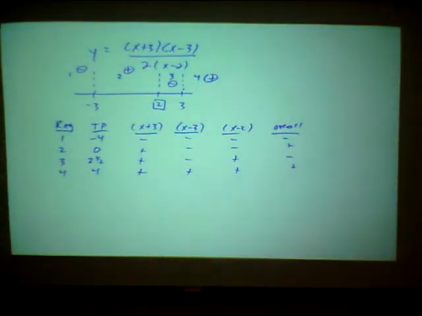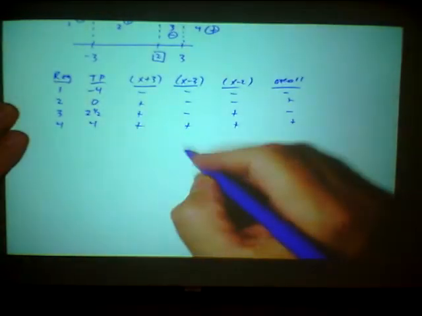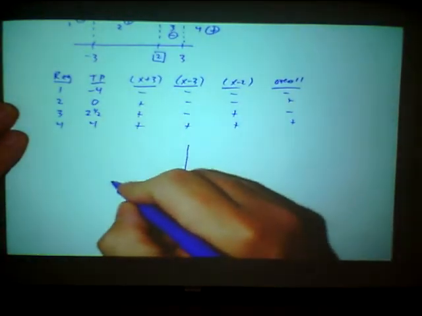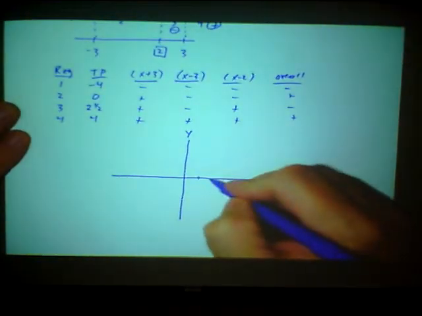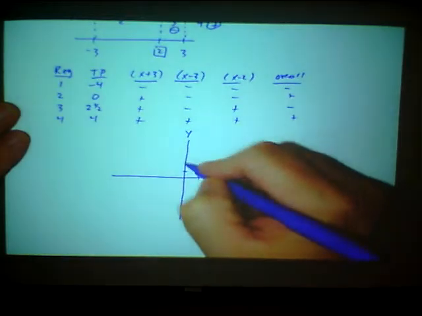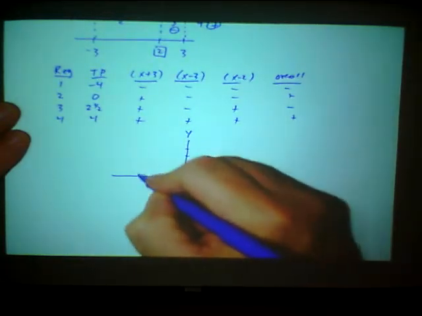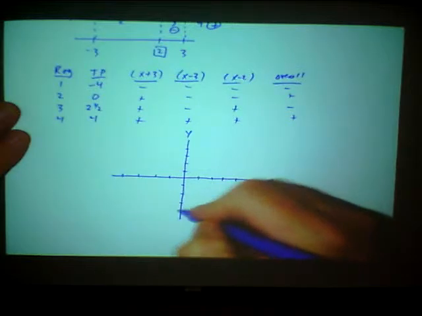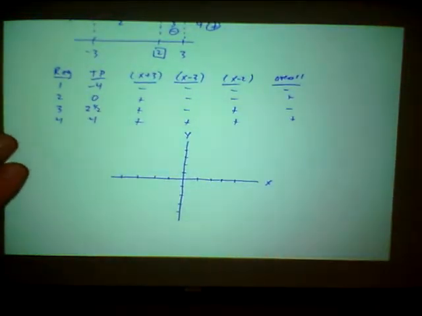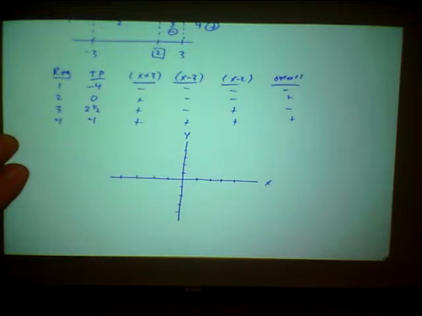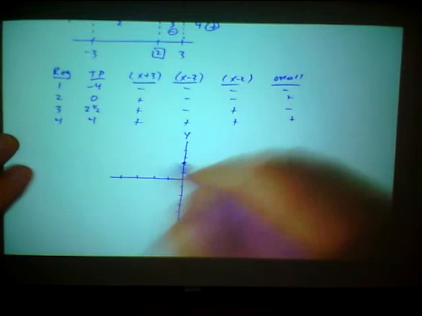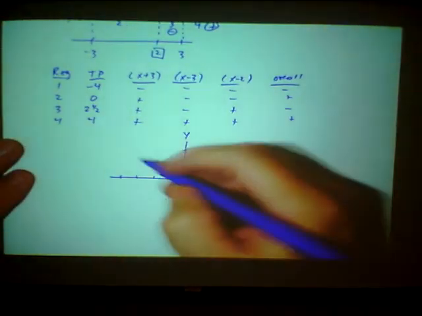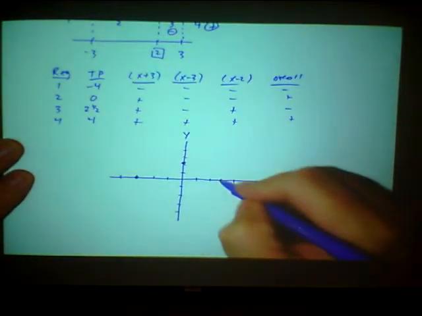All right, so let's take all the information that we've got so far, and let's try and create a graph, and let's see what happens. So what have I got? I have a y-intercept of 9/4, which is like 2 1/4, so it's somewhere right in here maybe. I have 2 x-intercepts, negative 3, 0, and 3, 0.